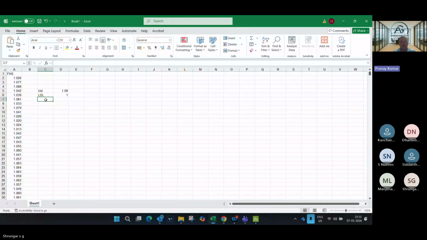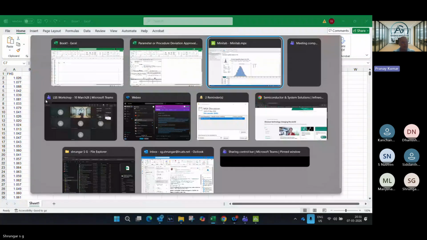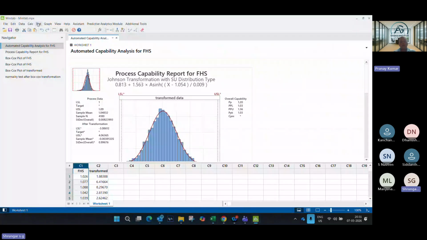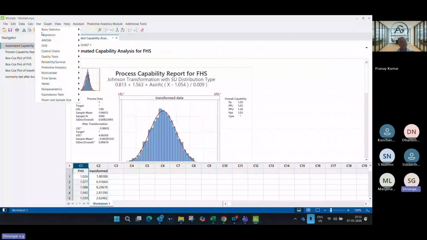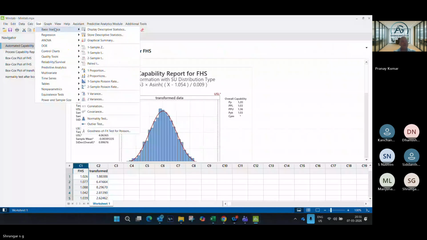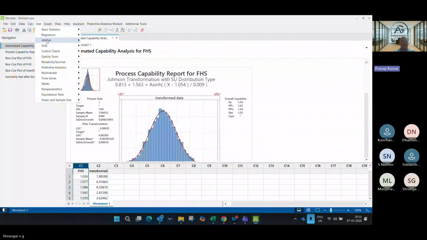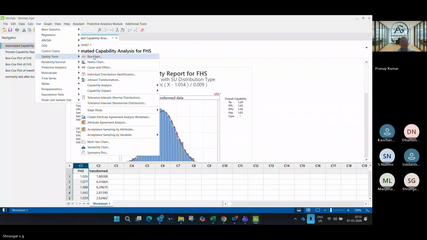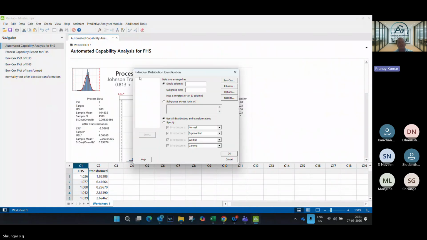Did you do the individual distribution identification first? Yes, sir, I did the normality test first. No. Go to Stats, Quality Tools, Individual Distribution Identification. The same thing that you did in Z-score. Select the data, subgroup size 1, press OK.